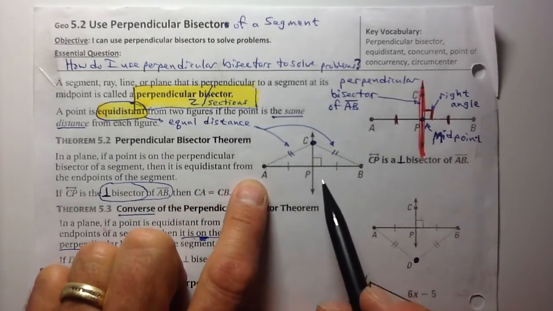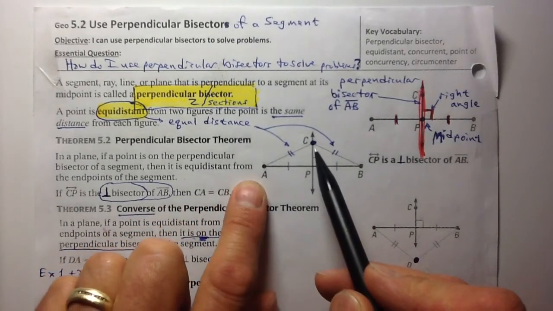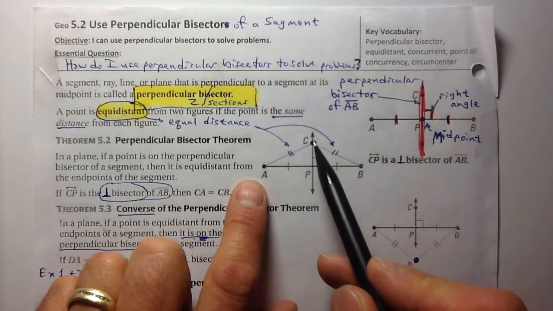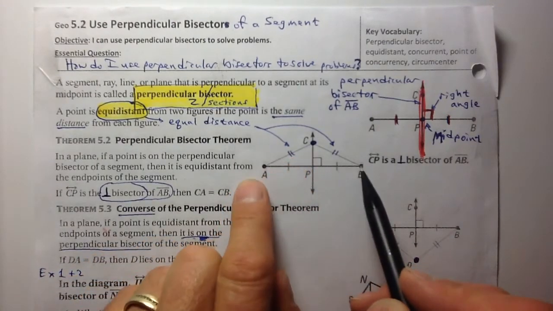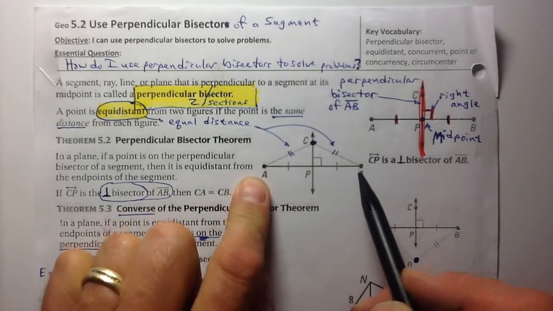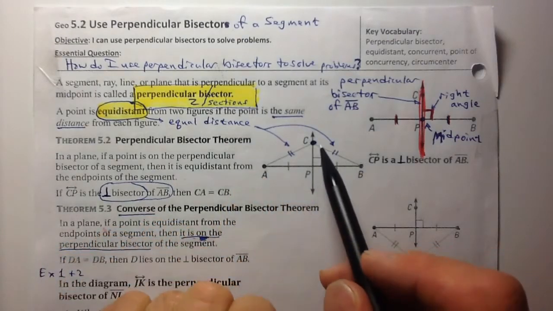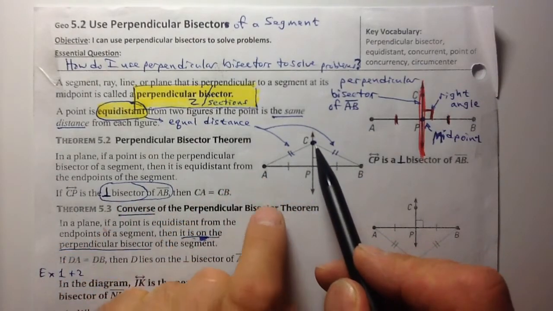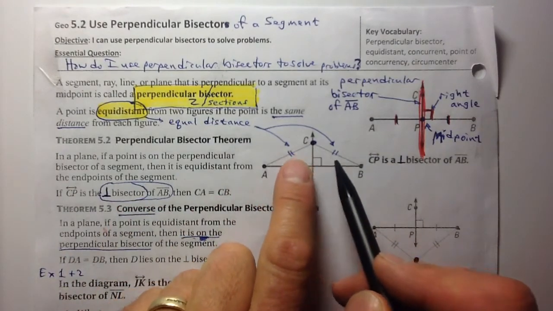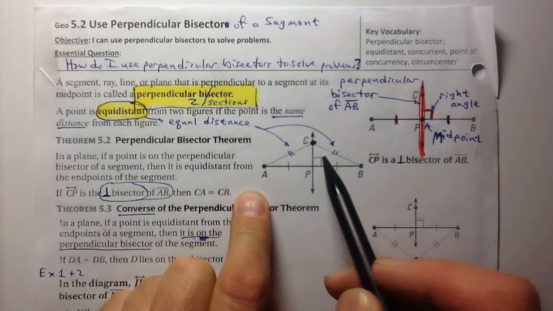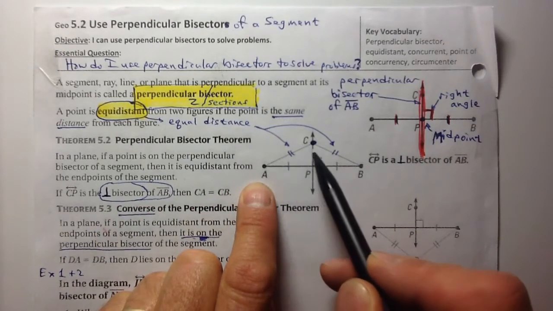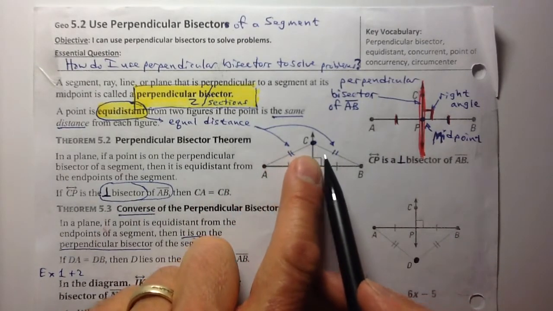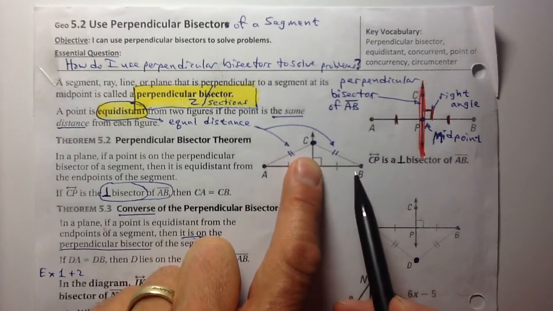So you can see here that here is a particular point on this perpendicular bisector, and each point here is equidistant from the endpoints of the segment. So in this particular case, point C is equidistant from these two endpoints. Therefore, the length of segment AC is equal to the length of segment CB.